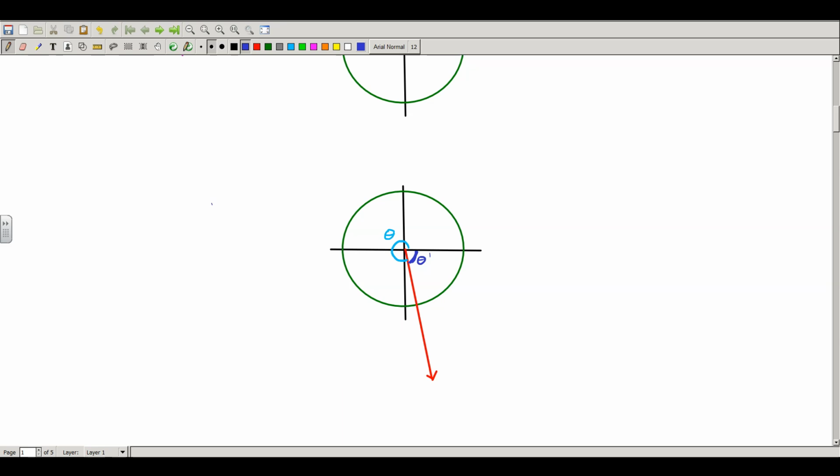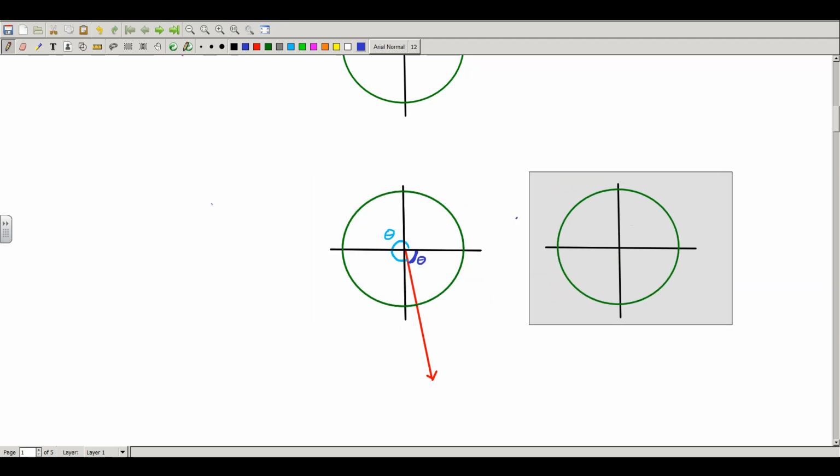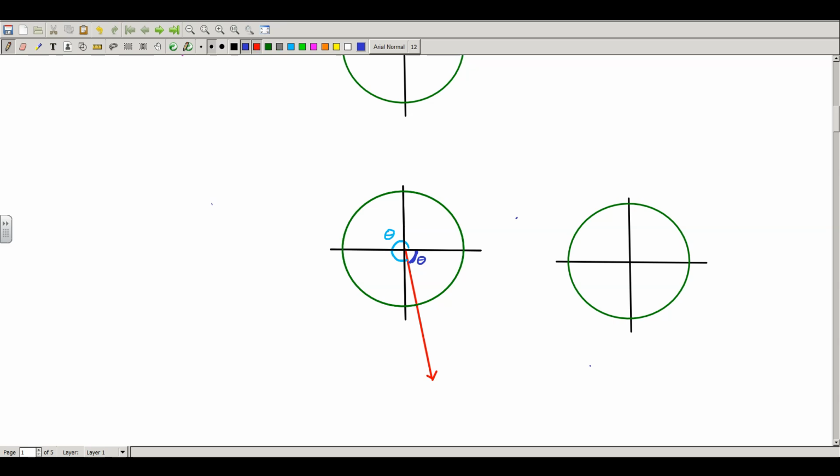Okay, now of course, if your rotation is multiple rotations, let's say we have an angle, and let's say it lands over here. And let's just say it happened to rotate like this.